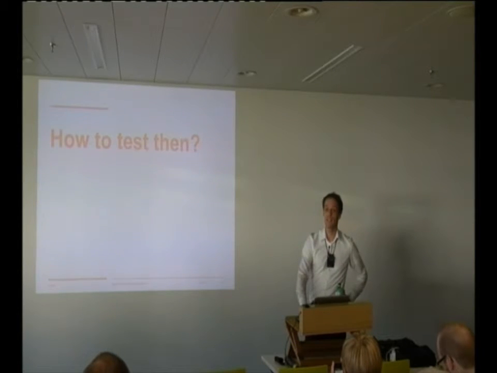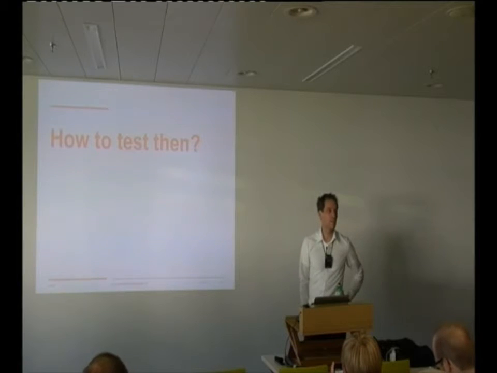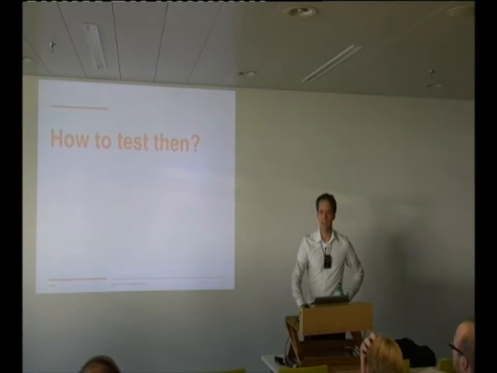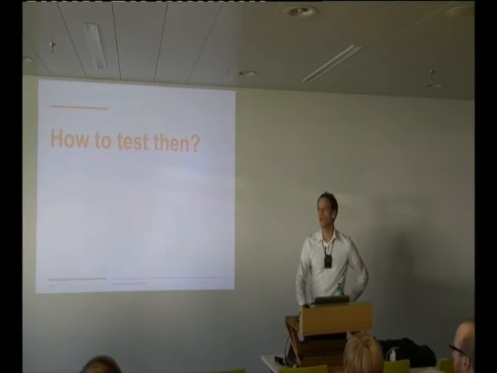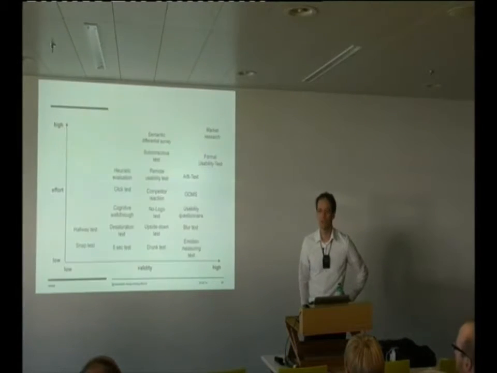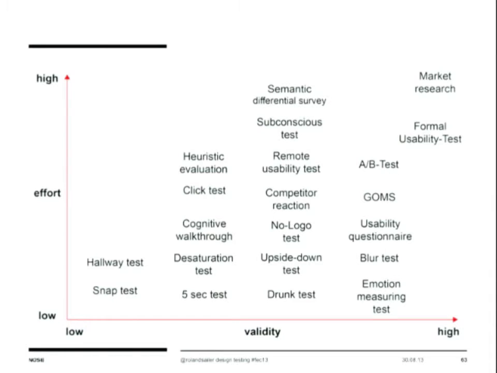So how can we test then? So this is step 3 of my 4-step program. And I put together a matrix of popular testing methods that I found in literature, in the office, and somewhere else. So this contains many of the things that you will meet in your regular testing life.